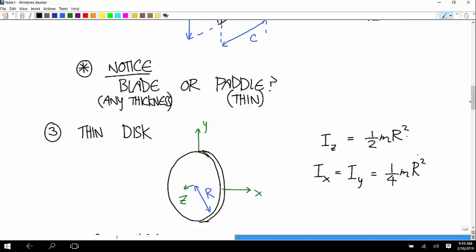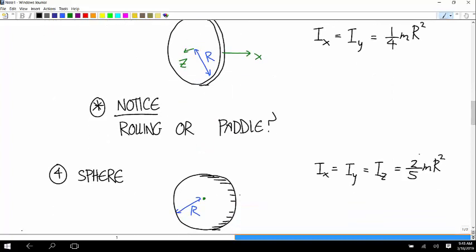If it's rolling, the mass moment of inertia of a rolling thin disk follows the same formula as a long cylinder. Okay. The only time that it matters is when it's rotating like a paddle. So rolling can be any thickness. Paddle has to be a thin disk.